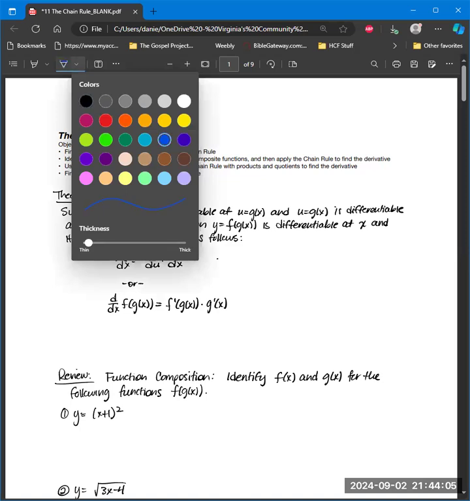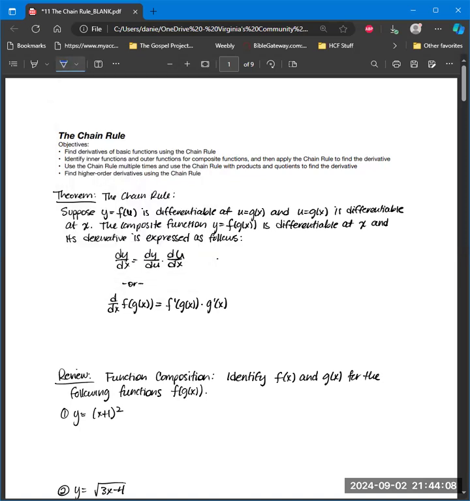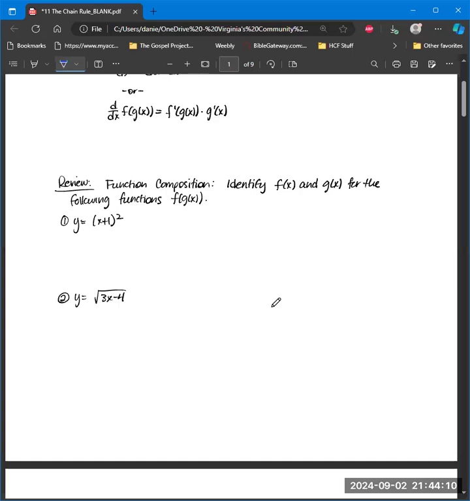All right, let's go ahead and review function composition, identify f and g, the outer function and inner function for the following functions.